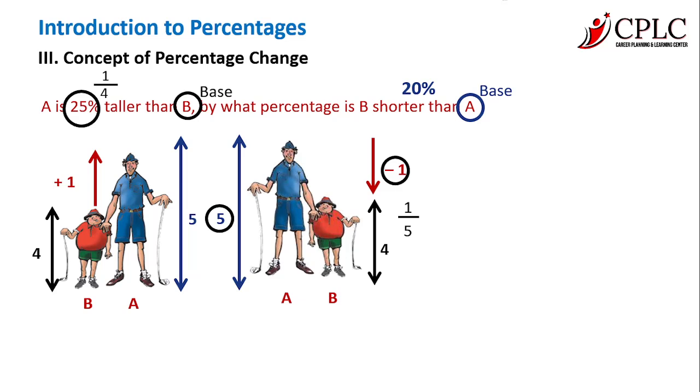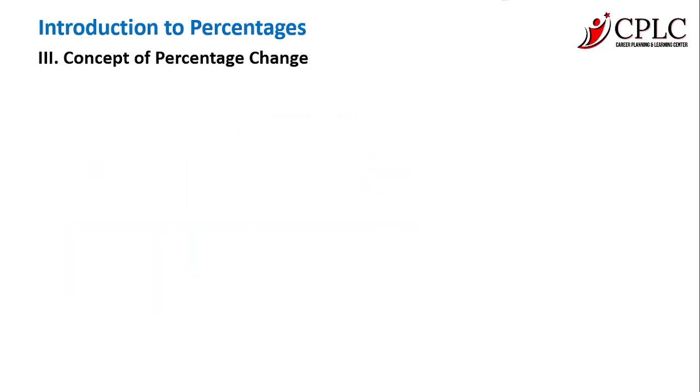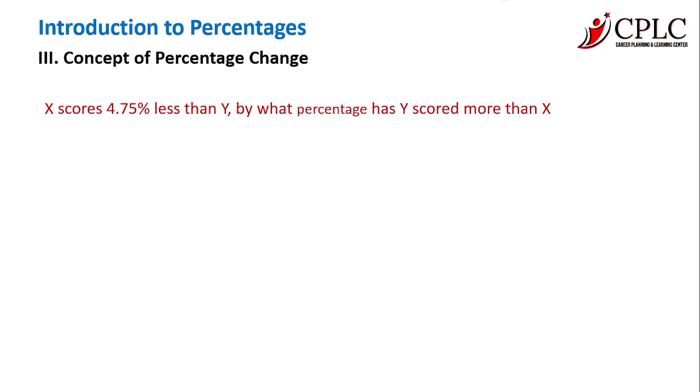So now the comparison is not happening with B, it is happening with A. So we have to take A's value as the base value, and that is the reason why we have taken 5 as the denominator. I hope you are getting this aspect. There is one more. So I would suggest pause this video right now. Try this yourself and see whether you can get the right answer or not.